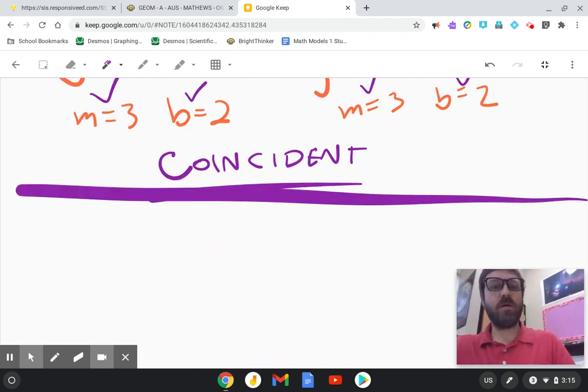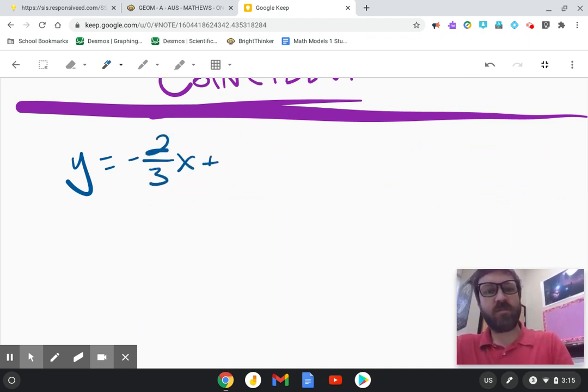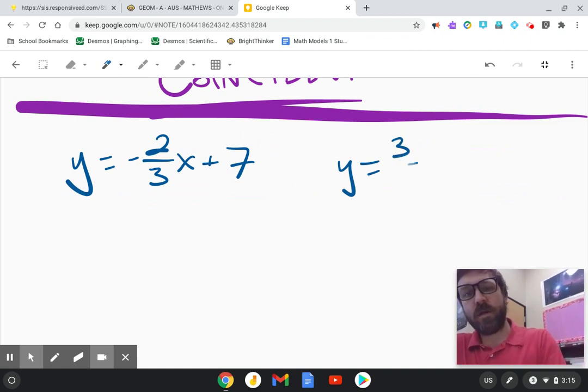And then let's do one more example. Let's say I have the following: y equals negative 2/3 x plus 7, and y equals 3/2 x minus 4.